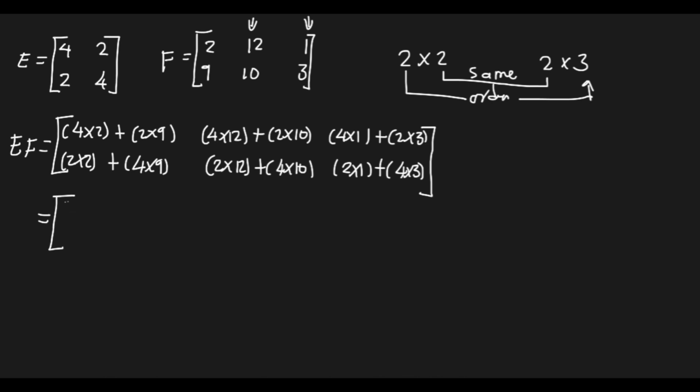So let's now simplify our answer. So 4 times 2 is 8 plus 2 times 9, that is 18.